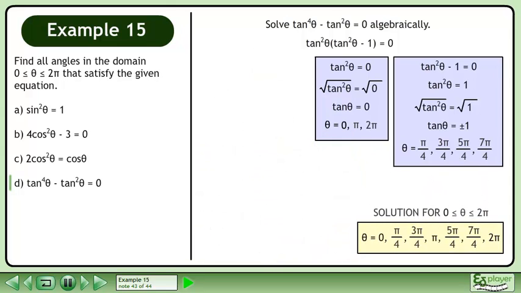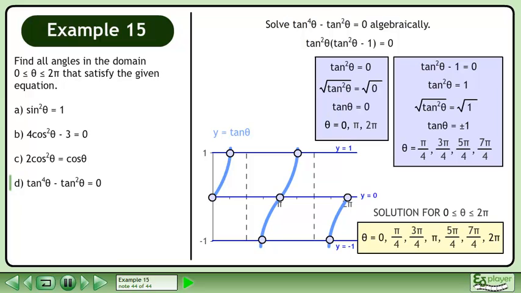The solution over the domain where theta is between 0 and 2 pi is 0, pi over 4, 3 pi over 4, pi, 5 pi over 4, 7 pi over 4, and 2 pi. If we look at the graph, y equals tan theta intersects the lines y equals 1, y equals 0, and y equals negative 1 at the angles in our solution set.